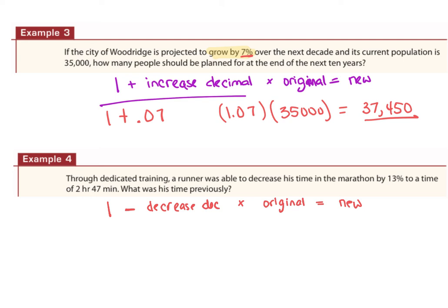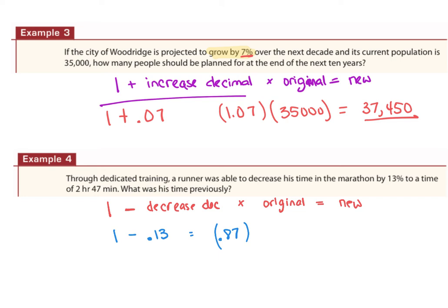So what was his decrease percentage? How much percent did he decrease? 13%. So 1 minus 0.13. What is 1 minus 0.13? All right, so 0.87.